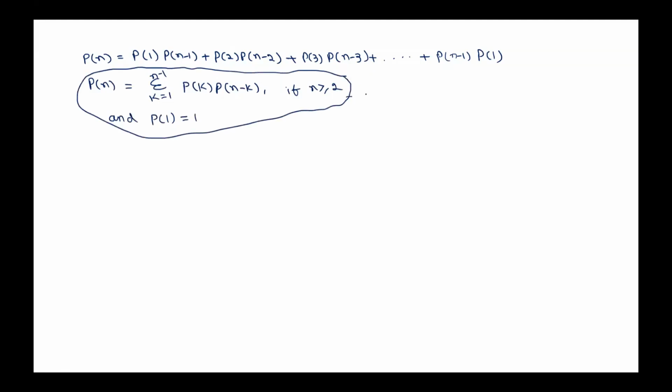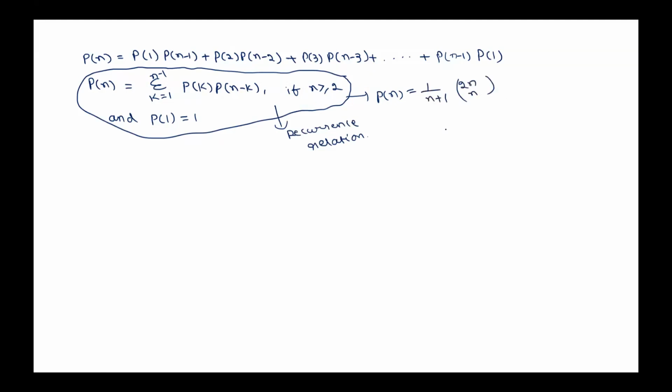Now, the solution to this gives us P of n. In order to find P of n, we need to solve this recurrence relation. If we solve it, we get Pn as 1 by n plus 1 into 2n Cn.